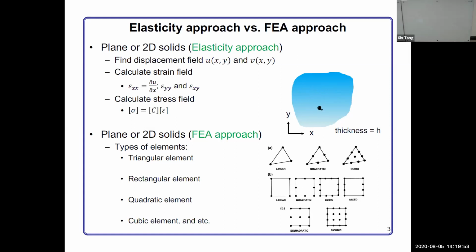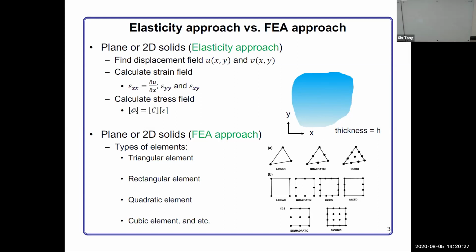So once we calculate these 3 strain fields, all of them are functions of coordinates. We can combine that with the constitutive relation or material behavior of this solid to calculate the sigma, the stress field. Here we write the stress tensor equals C tensor times epsilon tensor. So C is the material stiffness matrix. So the matrix of the stress equals the matrix of stiffness times the matrix of the strain.